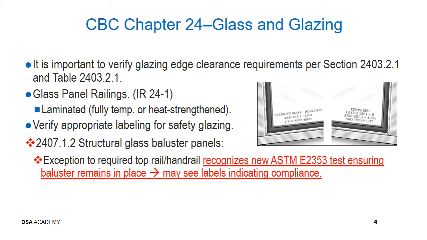Exception to required top rail or handrail is when these baluster panels are laminated glass with two or more glass plies of equal thickness and of the same glass type, and the panels shall be tested per ASTM E2353, ensuring baluster remains in place.